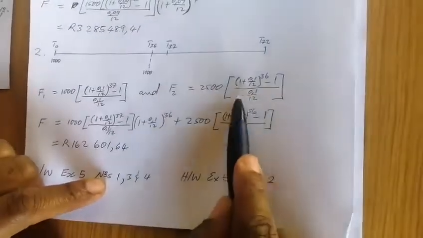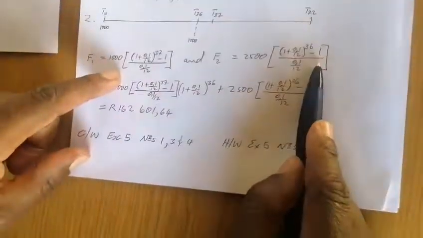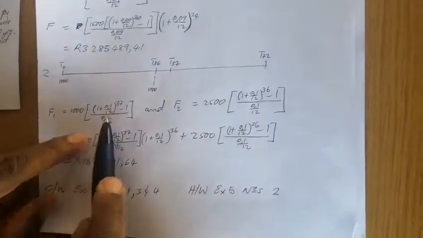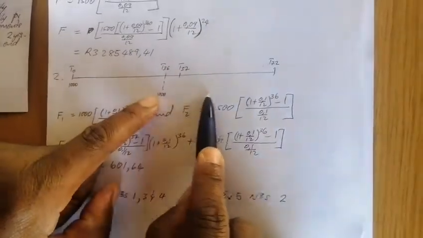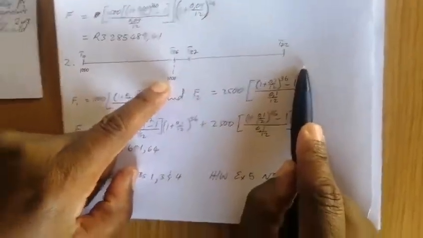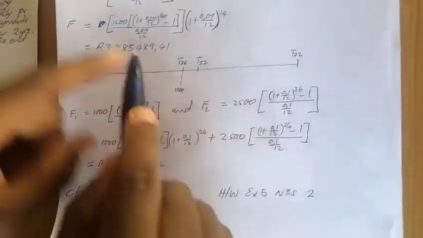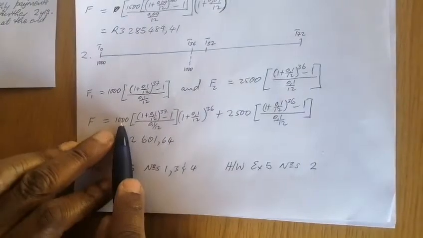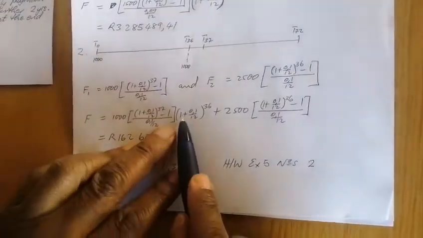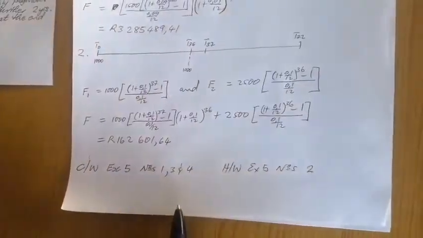Then these two are added together, but don't forget this first one ended at T36. If you leave it in there, it will grow compoundedly to the end. So for a further 3 years, this future value which we calculated grows compoundedly. That is why we have this multiplied by 1 plus 0.1 over 12 to the power 36.